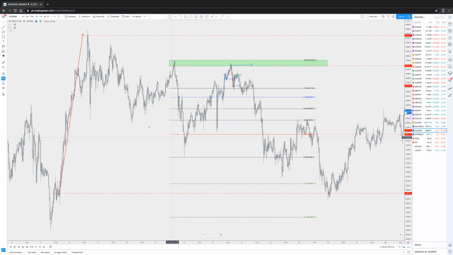We had an impulse here that broke below, but we know on H4 this is still up, but we're following our structures within this pullback.